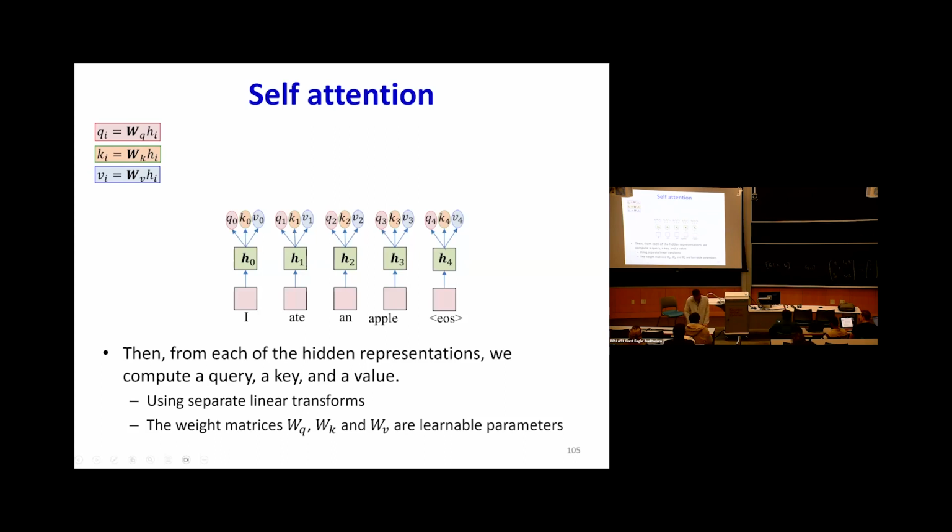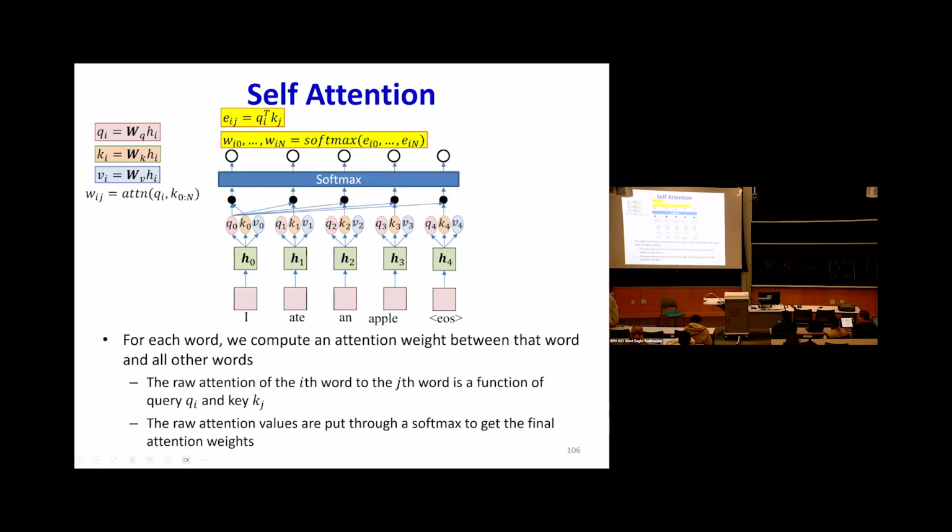And subsequently, if I want to just update my representation for the word I, I'm going to use the query for the word I and the keys for all of the words, including I, to compute attention weights for all the words. So I'd be using Q0 with the keys for every one of the words.